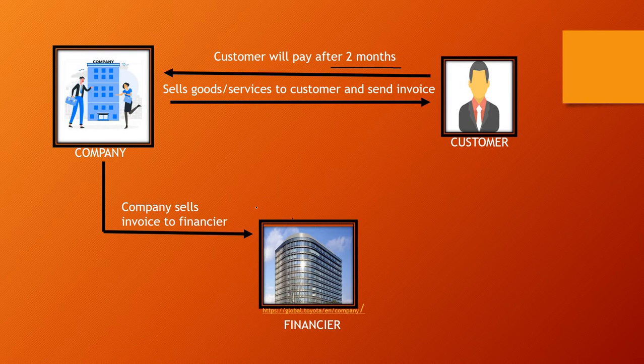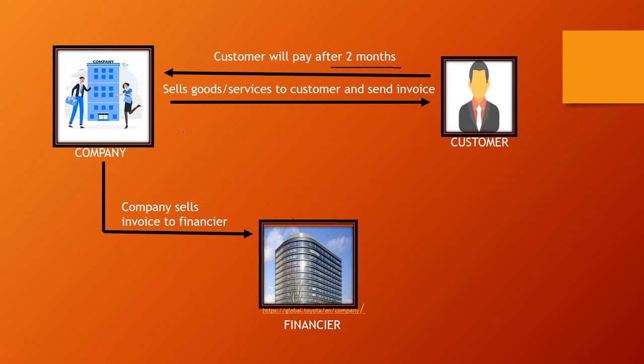So I can say that this financial company is a factor for the company, who is helping the company in difficult times when the customer has not paid the amount. So I can say that this credit policy, that means when the company has sold the goods on credit, is why the factoring company has taken its birth.